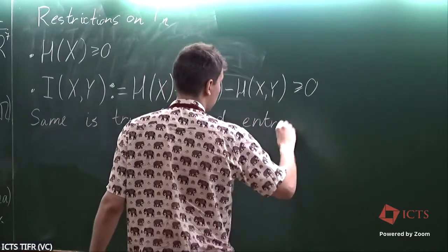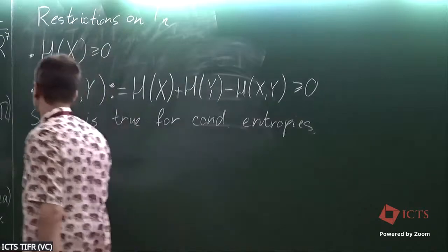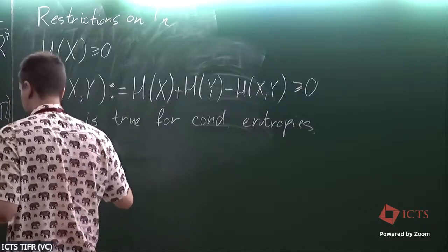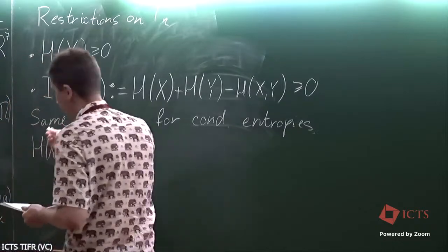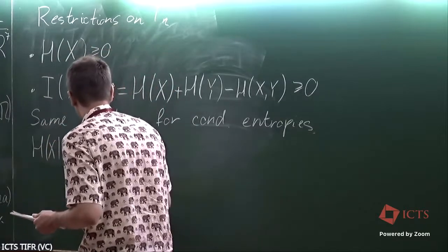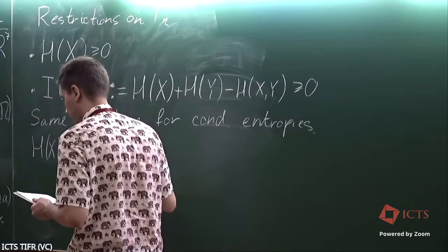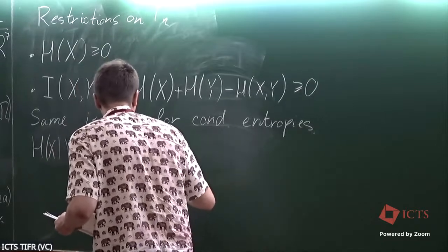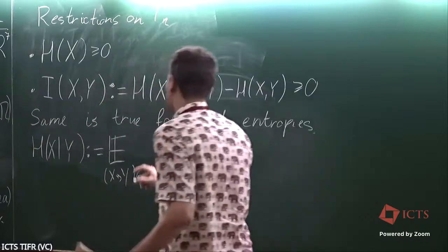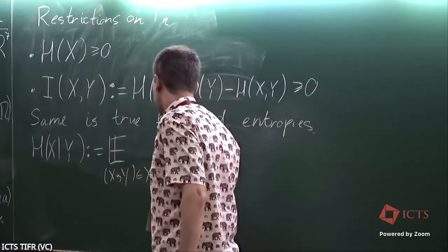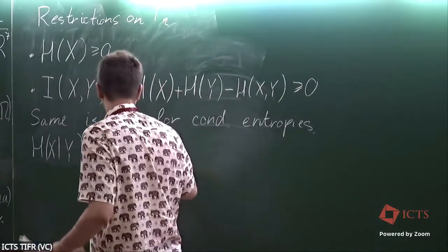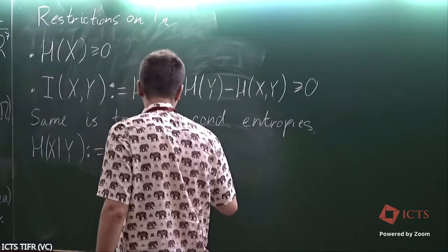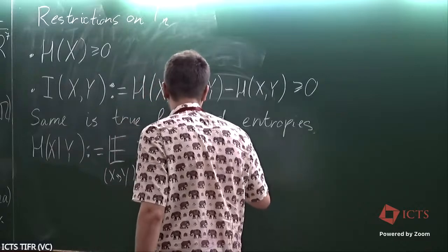So we can define h of x conditioned on y as follows: we look at the values which variables x and y can take, and we take the expectation of the logarithm of the probability that big X takes the value little x, conditioned on big Y taking the value y.